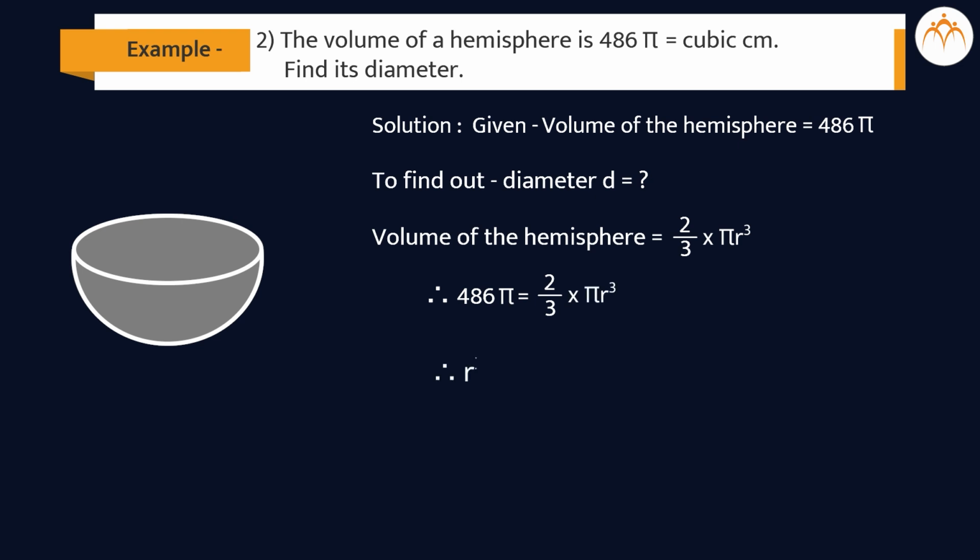Therefore, r cube is equal to 3 by 2 into 486. Therefore, r is equal to 9 centimeter. Now, d is equal to 2 times r, which is 2 into 9, equal to 18. The diameter of the hemisphere is 18 centimeter.